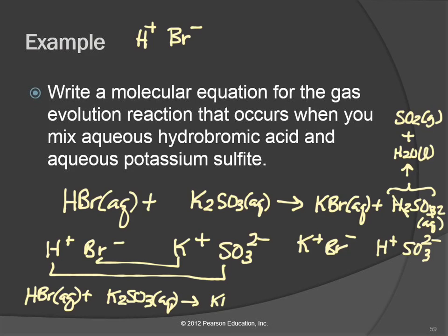I'm going to get KBr plus H2O plus SO2. And then I need to balance this. Is it balanced by itself? Sometimes they are. It isn't, is it?